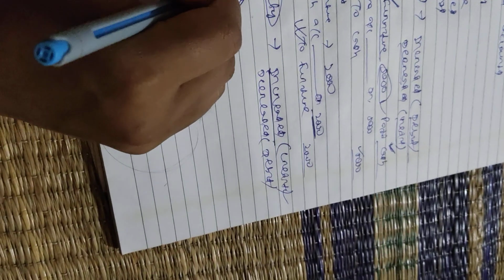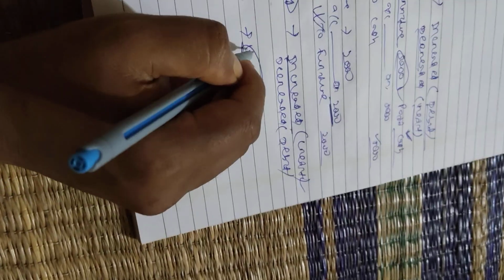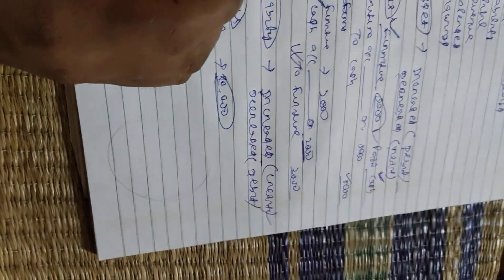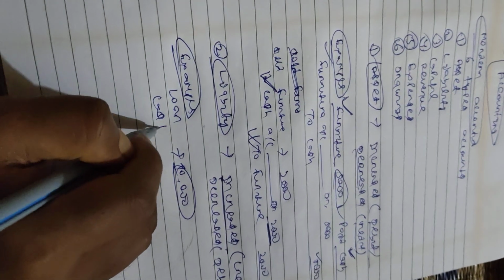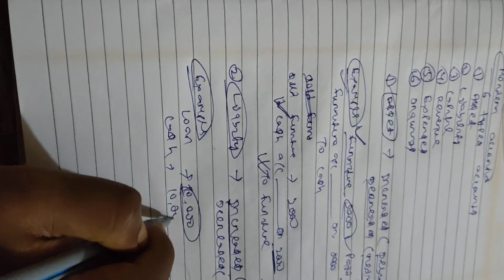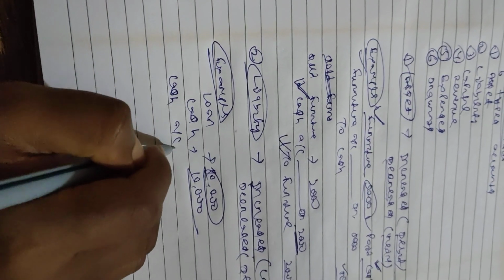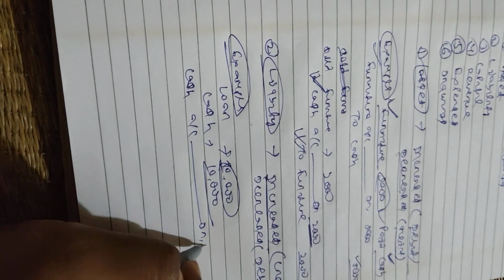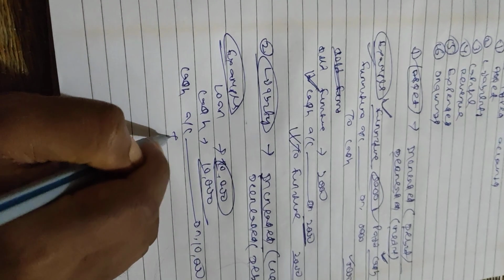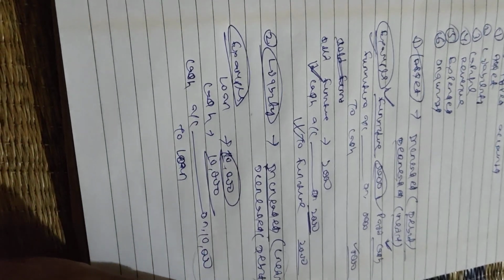We have taken a loan of 10,000, and we have received the cash of 10,000. As we receive the cash, asset increases, so it will be debit for 10,000, and the loan will be credited.